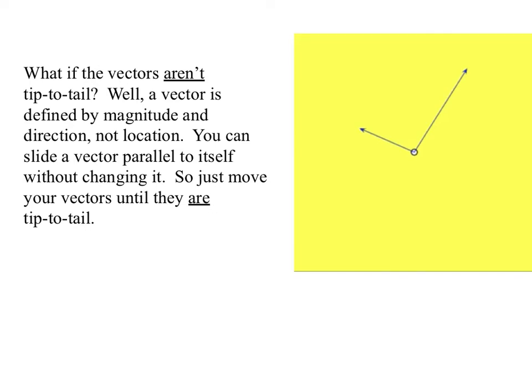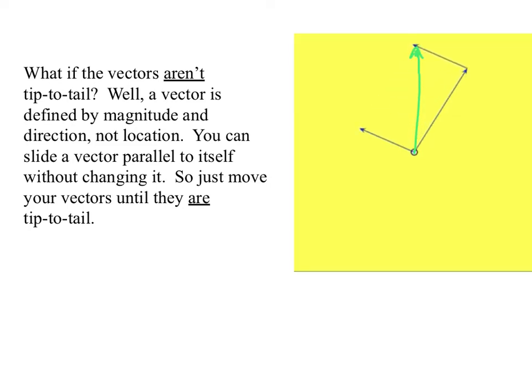If we're going to try and add this vector to this vector, we just pick one of them up and slide it parallel to itself until it is tip to tail, and then we draw our vector just as we had before. So we slide it up, and then we connect, something like that. And that would be the sum.